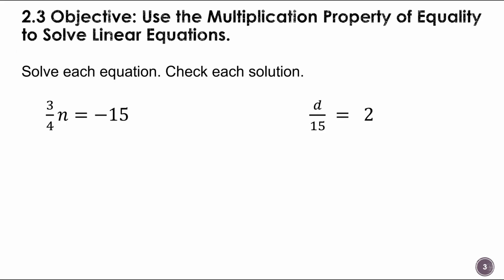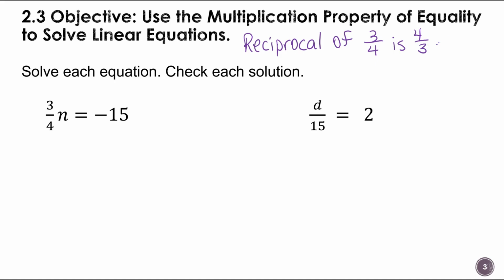Now what happens when we have a fraction here? I don't really want you to divide by 3/4 because that actually means multiplication. So we're simply going to multiply by the reciprocal of 3/4. The reciprocal of 3/4 is 4/3, right?